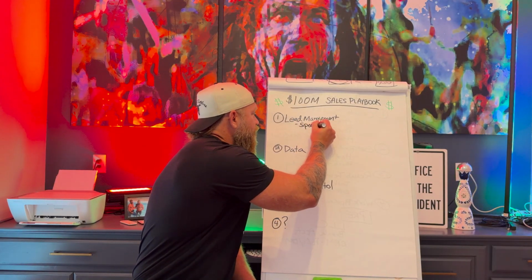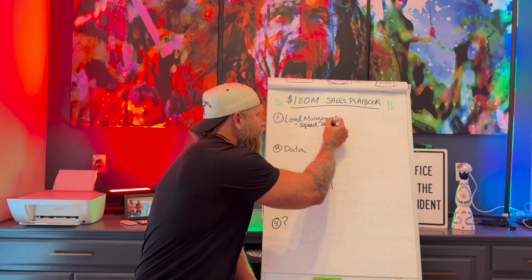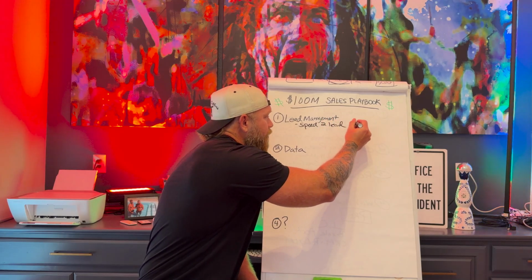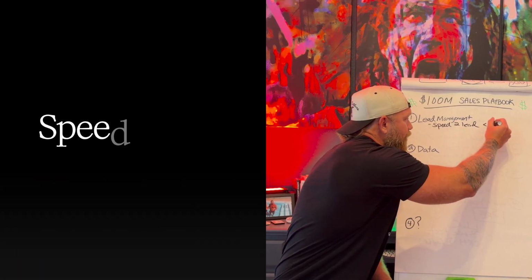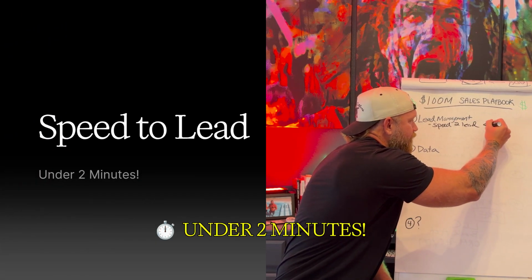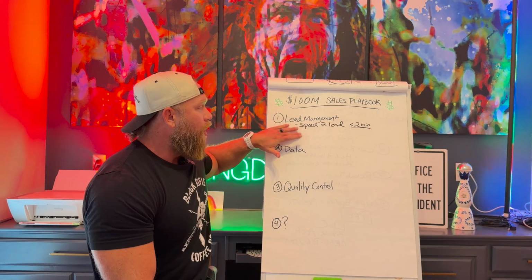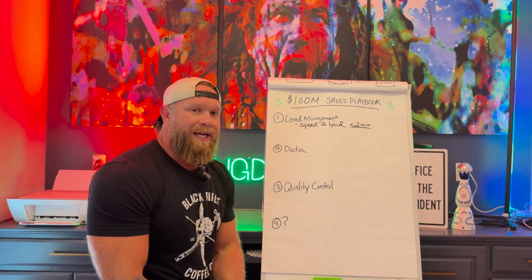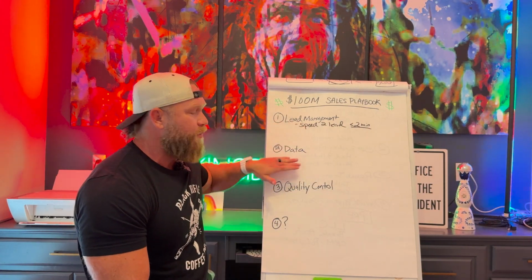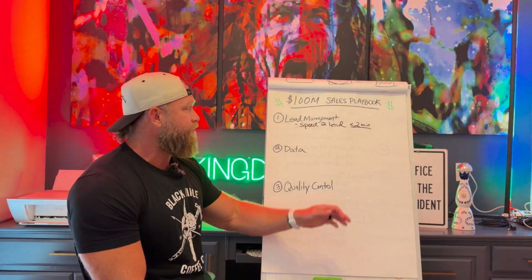The first one is always obvious, which is your speed to lead, but this actually needs to be under 2 minutes. And so how do you actually, are your leads being called in under 2 minutes? And is that something that you're tracking, which we'll get to in data here in a second.